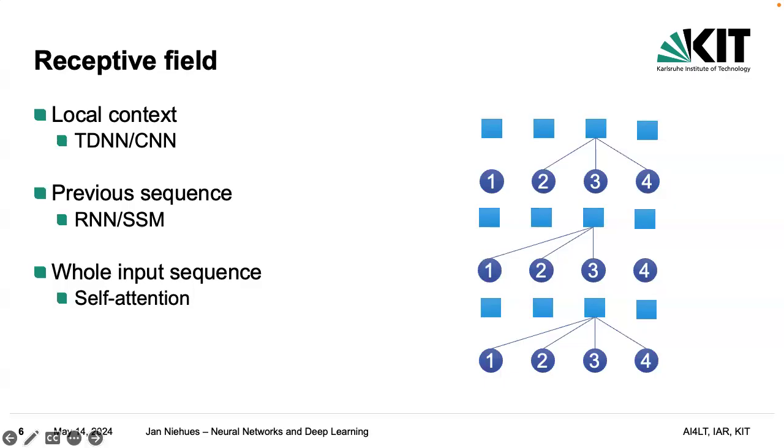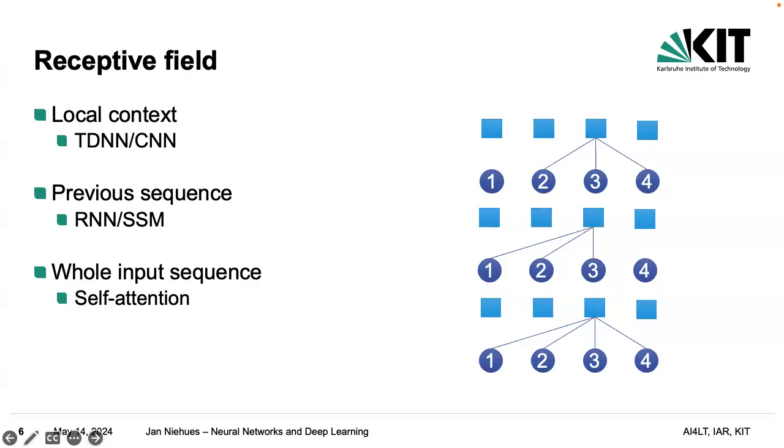In the RNN or SSM, you have all the previous sequence. So typically everything which was there before is influencing your current hidden state. And in self-attention, we are influenced by the whole input. So at each time step, we can look at everything else, and each of the tokens is influenced by all the other tokens.